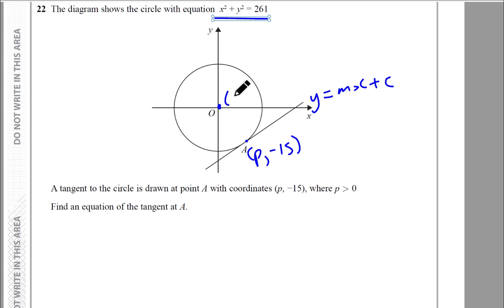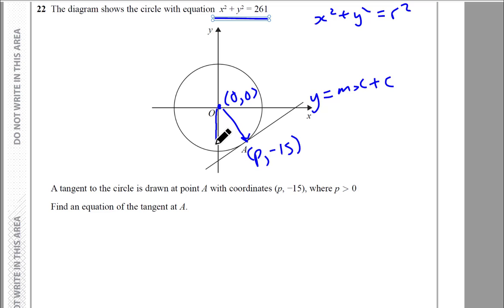Right, so this is 0, 0. And we've got a point here. Now what's the radius? Remember, circles are x squared plus y squared equals r squared. To find p, let's just find p.